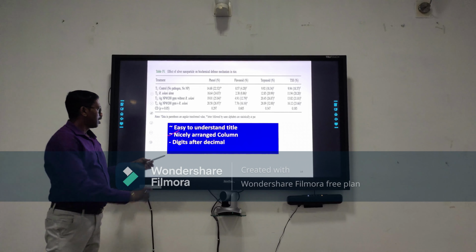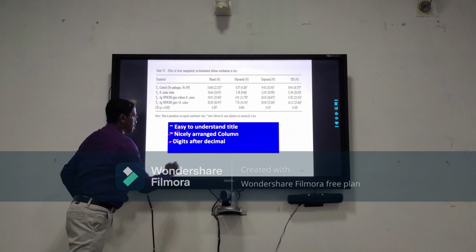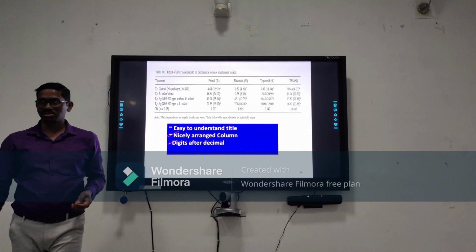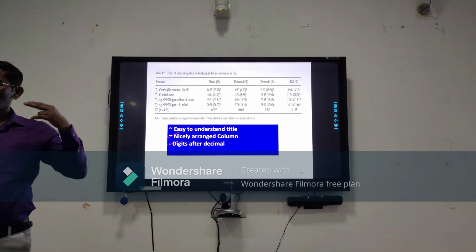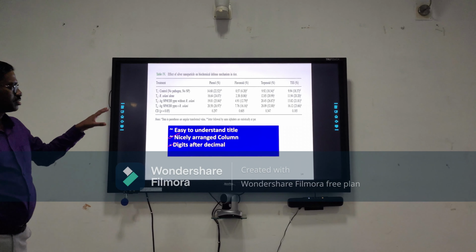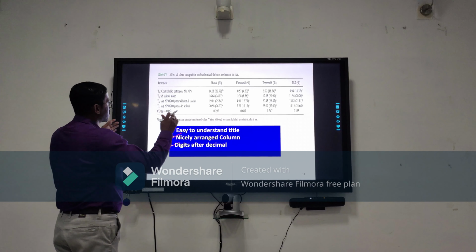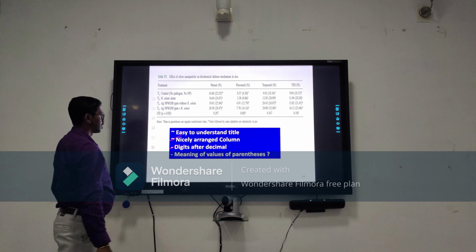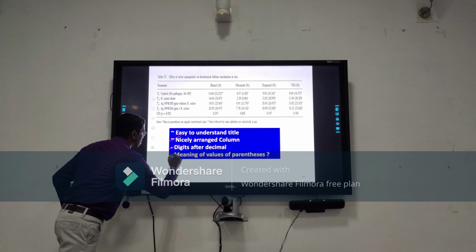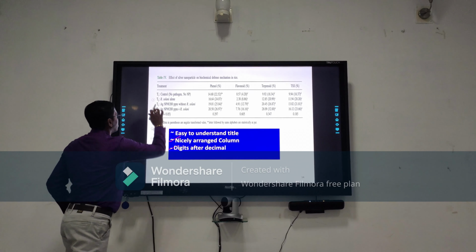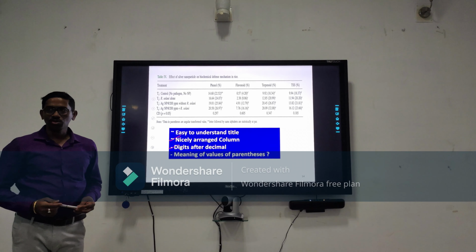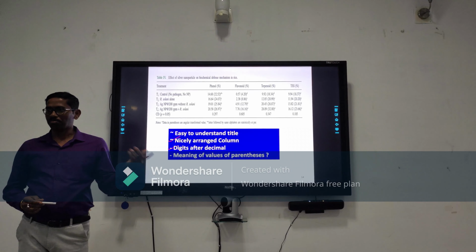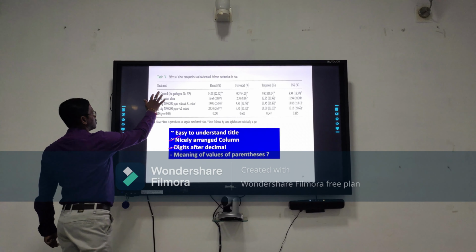Next, if you see the digits after the decimal, it is fixed: 2 digits after the decimal. It is constant throughout the table. And last, they have mentioned the meaning of the values that have been placed within the parentheses.